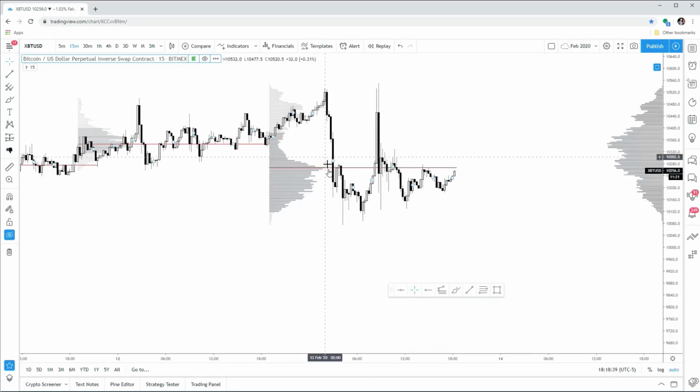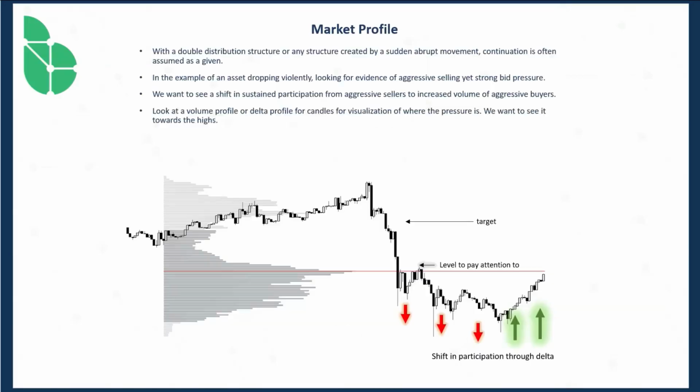So we come down pretty quickly, and you can see that the market stalls out right here, and this is where we want to start paying attention to. So we're looking at normally what is a very abrupt movement. So that's why this setup is actually useful, even though the structure does not look like the prototypical double distribution.